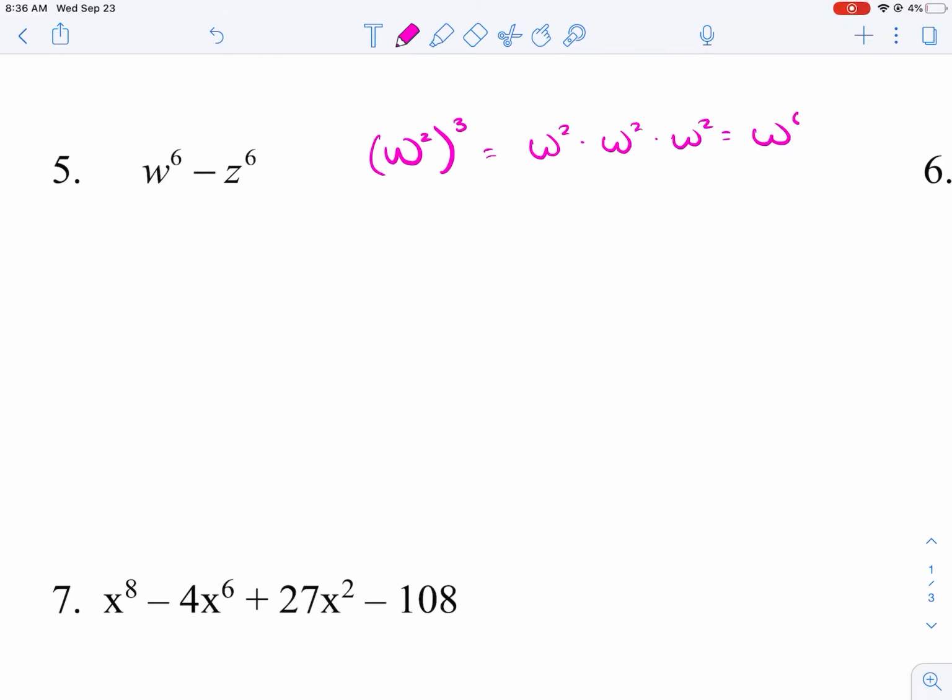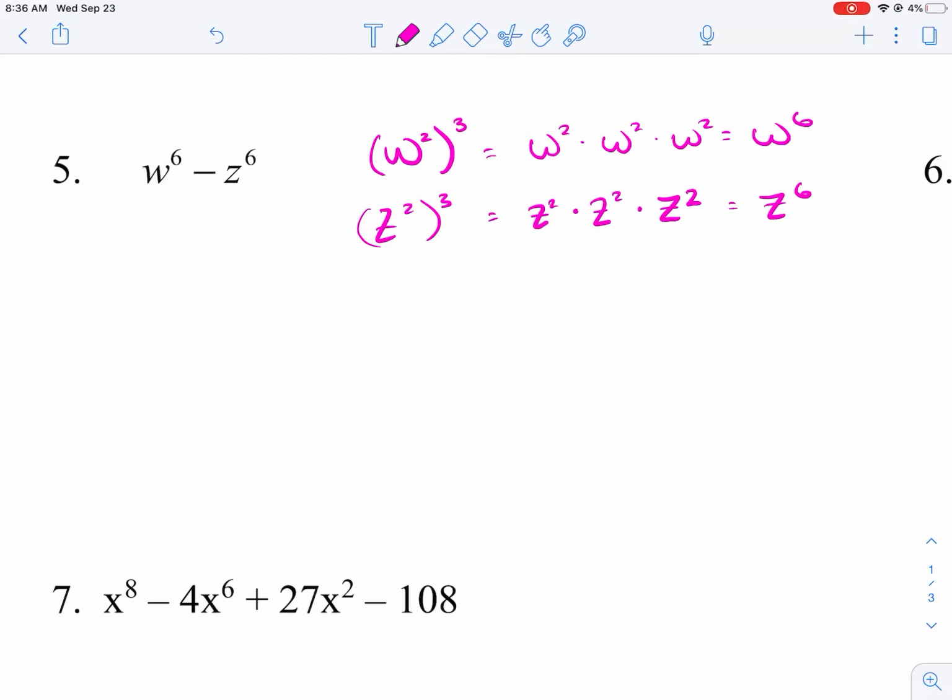It's just going to be w to the 6. So we do have a difference of perfect cubes here. And z is going to be the same thing. Z squared raised to the 3rd power is just z squared times z squared times z squared, which is equal to z to the 6.